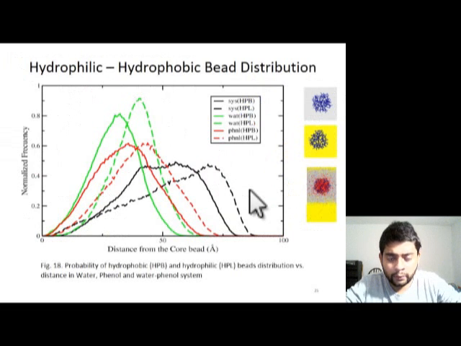This is where we compare the dendrimer behavior in different systems. We plot our normalized probability value versus distance in different systems. You can see here in water the dendrimer is more condensed, and in phenol it is stretched a little bit, and in the water-phenol system the dendrimer is stretched more.